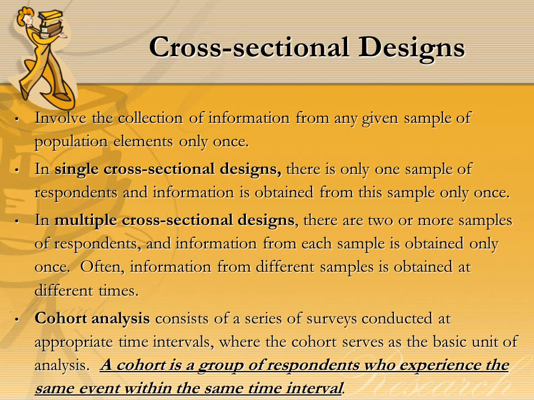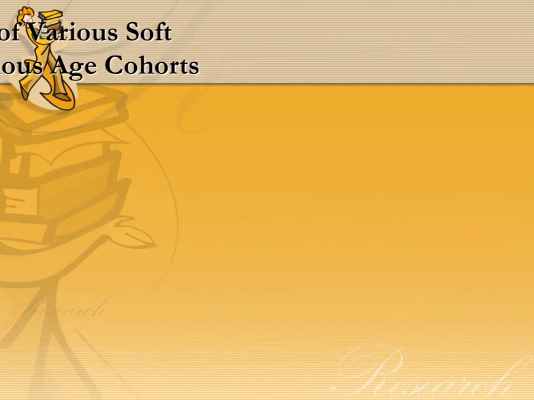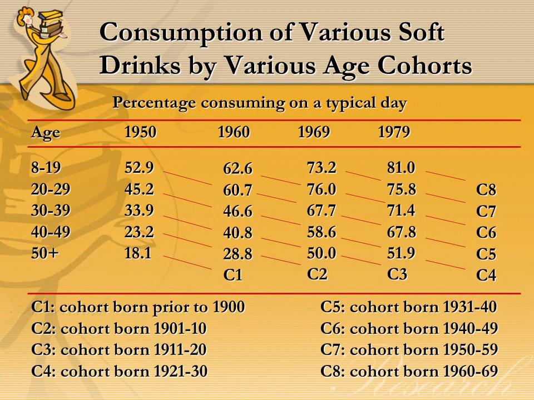A cohort is a group of respondents who experience the same event within the same time period or were born in the same time period. This is an example of a cohort group of people.